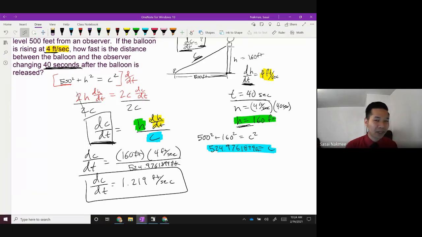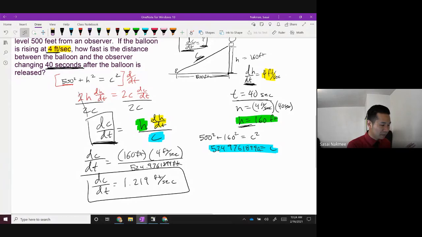And that's what some of my students missed out on, understanding that it's not always about going further or closer, or the area getting bigger or smaller. Sometimes it could be just quantities increasing or decreasing.